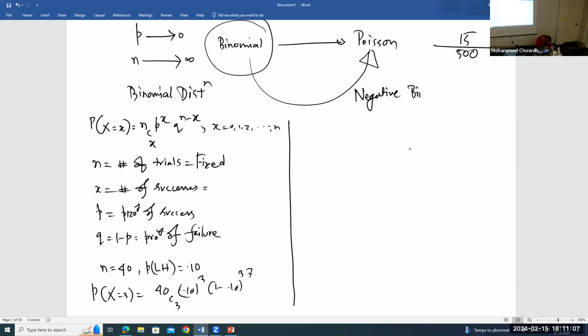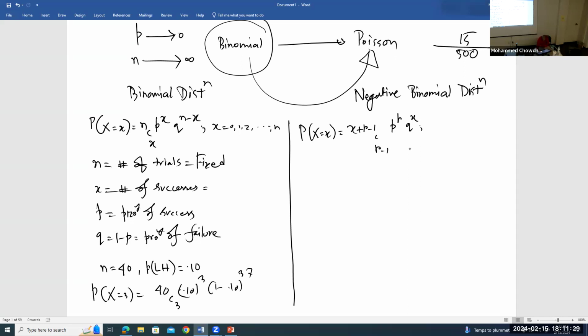The negative binomial distribution takes the form P(X = x) = (x + r - 1 choose r - 1) p to the power r, q to the power x.